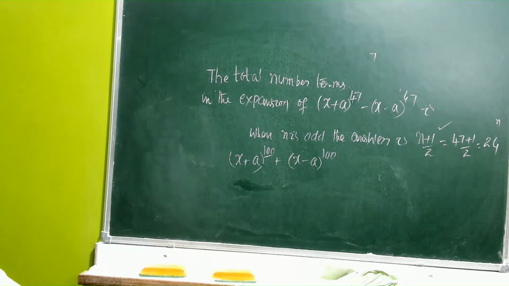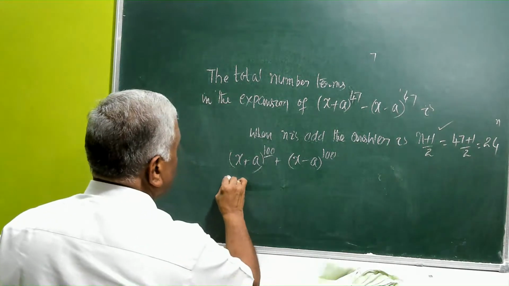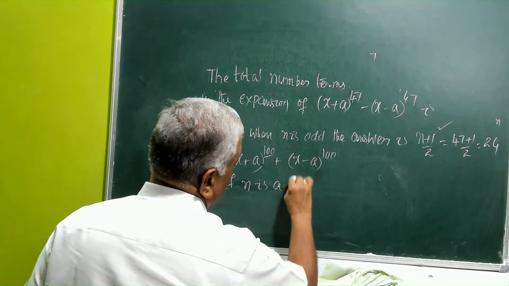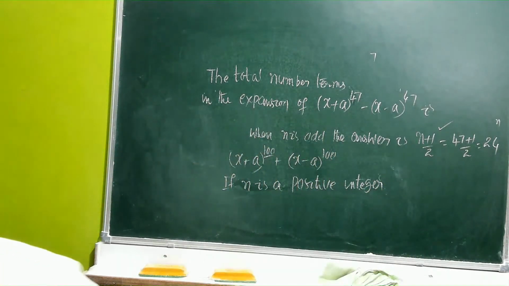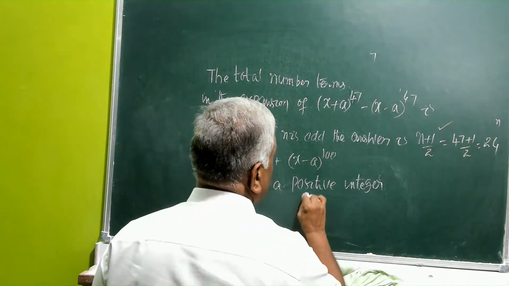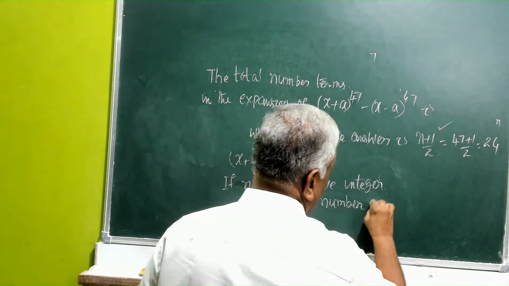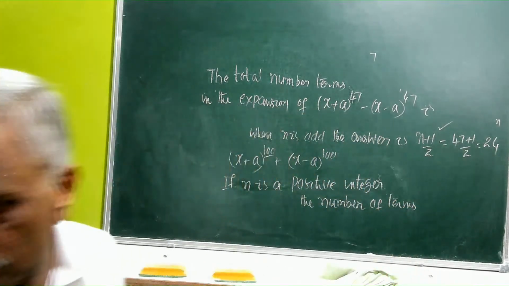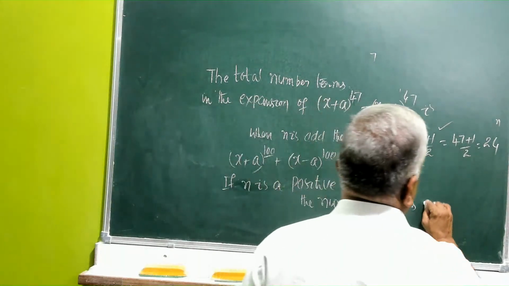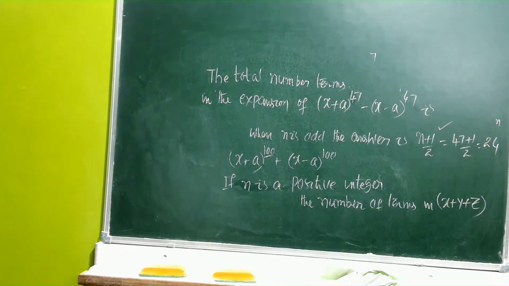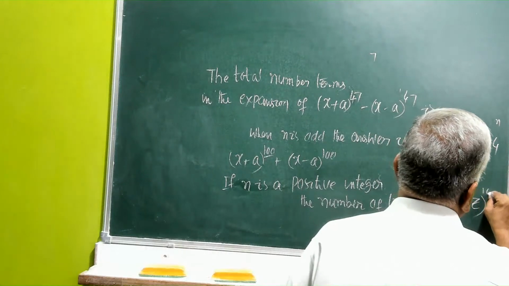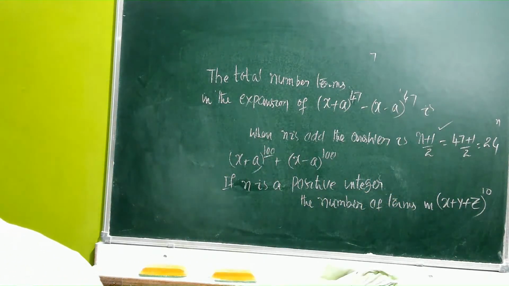One more question they ask here. If n is a positive integer, I think it was 2023 this question came. The number of terms in the expansion of (x plus y plus z) to the power of 10.